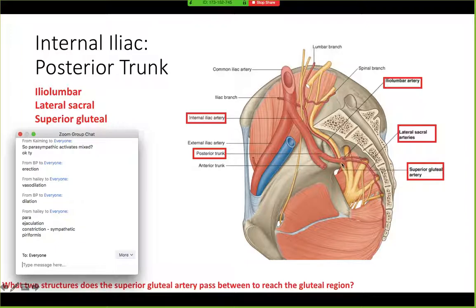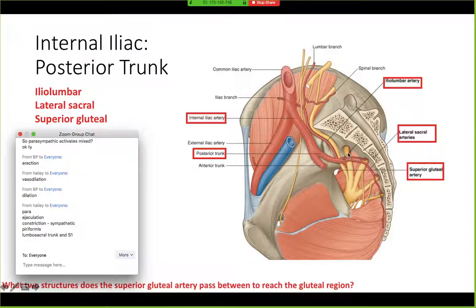So let me rephrase that. What 2 nerves? Right, lumbosacral trunk and S1. Yeah, so those are going to be your landmarks in order to identify the superior gluteal artery. And they definitely tagged that one last year, and I still think that would be the most likely one that they would tag. But if you see something running back up towards the lumbar spine, that's going to be iliolumbar, no doubt.